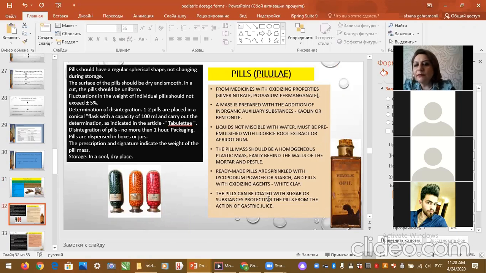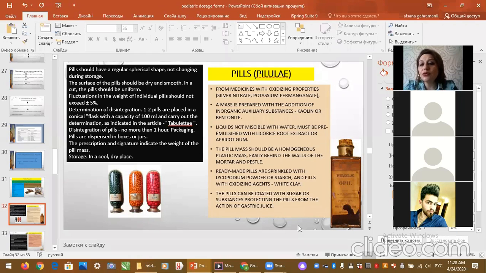From medicines with oxidizing properties, silver nitrate, potassium permanganate, a mass is prepared with the addition of inorganic auxiliary substances, kaolin or bentonite. Liquids not miscible with water must be emulsified with licorice extract, root extract, or apricot gum.